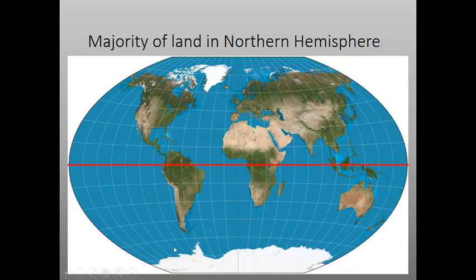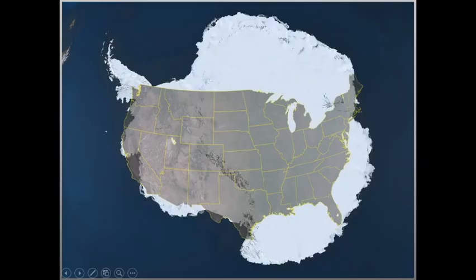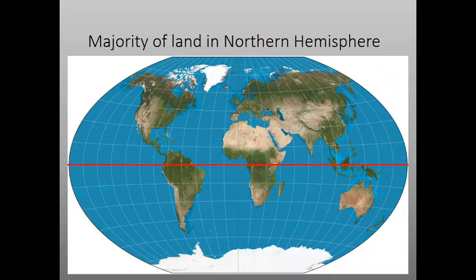And look at the size of Antarctica. Because this is a three-dimensional spherical object projected on a two-dimensional surface, there is some distortion. So if you were to actually project the United States on top of Antarctica, Antarctica is certainly bigger than the lower 48, but it's not as big as this map makes it.